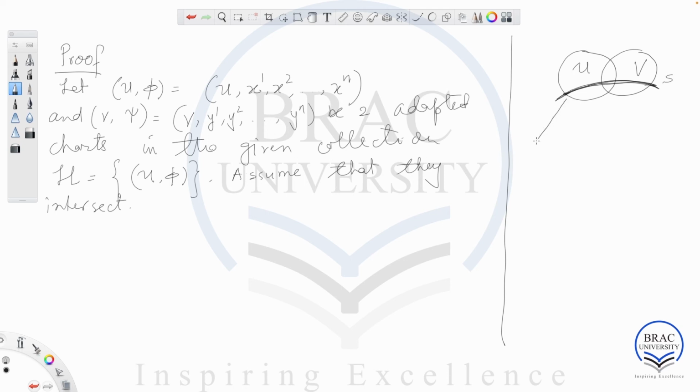Now this is the homeomorphism phi for the chart U comma phi, and this is the image of U under phi.